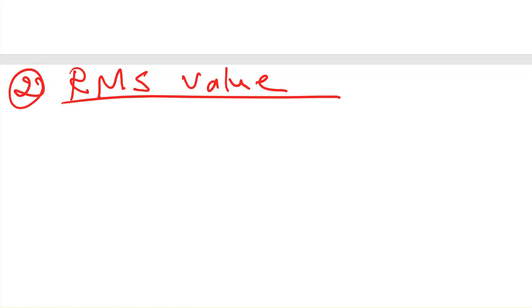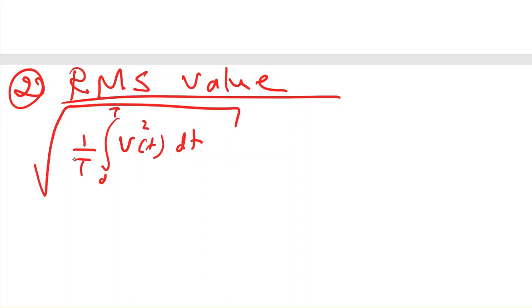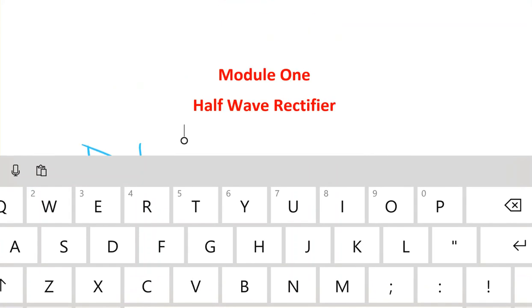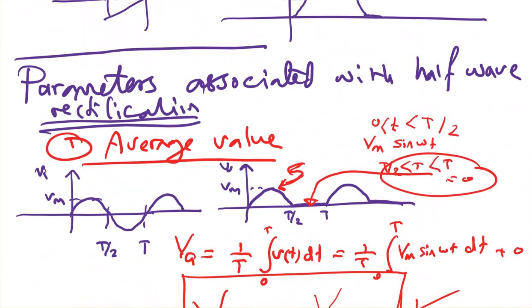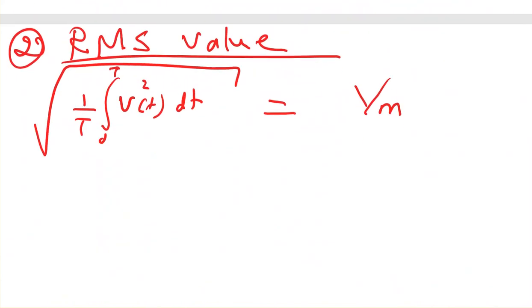So the function v of t will be squared, dt, and then the root of the mean of the square. If you do that, you don't have to do it here again. It's nothing but the maximum value divided by 2.